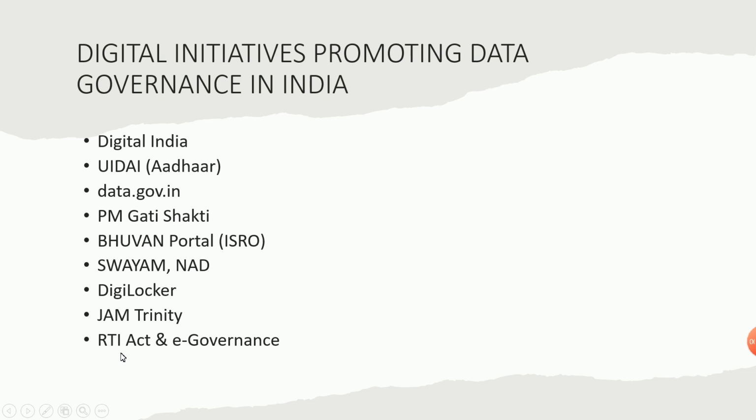I won't say that. So 99% maximum we will get the relevant data, as well as because of e-governance. Nowadays we need not go to the e-services center for any application for community certificate, nativity, income, whatever. We can do everything with our laptop or mobile phone itself. So these are the digital initiatives promoting data governance in India.